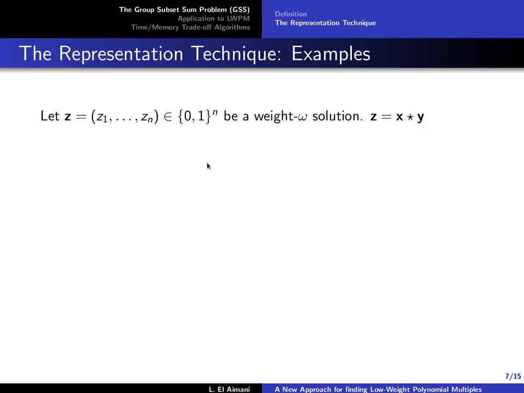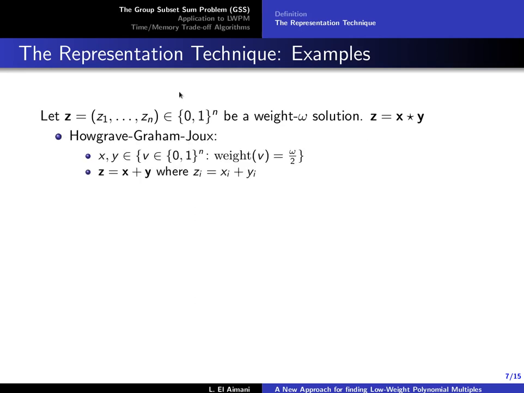Let's see some examples. Let Z be a weight omega solution, which is a binary vector of length n. How can one split Z? Well, the first idea is due to Howgrave-Graham and Joux, and they split Z into a sum of two vectors of the same length and of weight half the target weight.